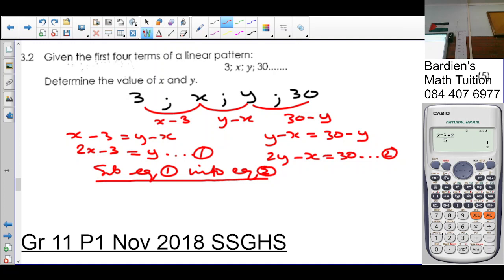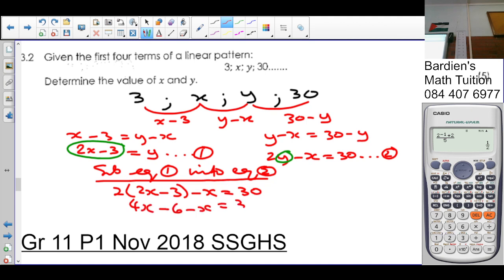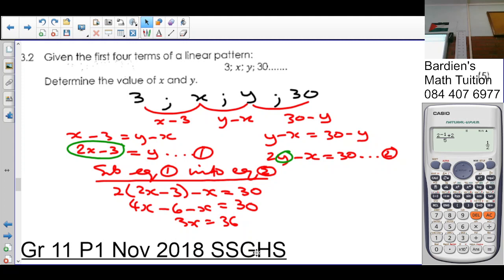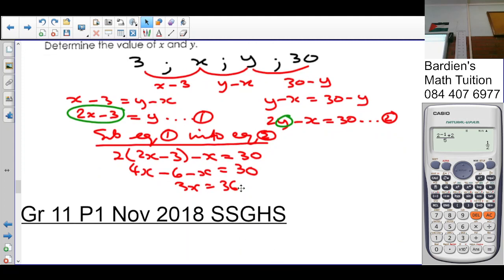If I see a y, I replace it with 2x minus 3. So that's simply going to read 2 times (2x minus 3) minus x is equal to 30. So 4x minus 6 minus x is equal to 30. So 3x is equal to 36. So that means x is equal to 12. Not so?